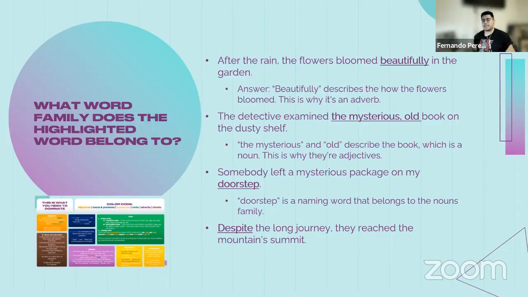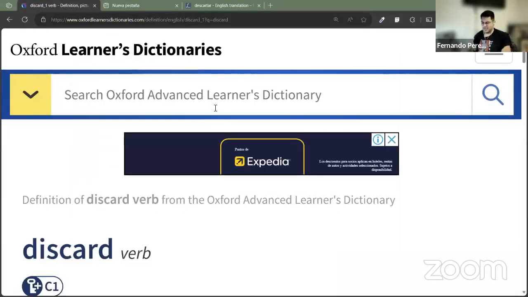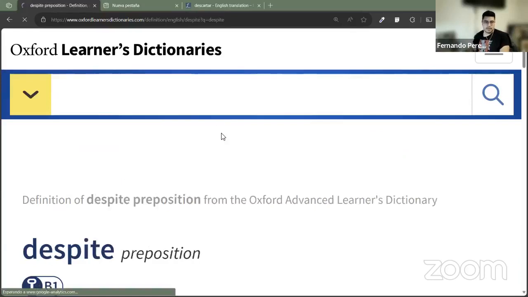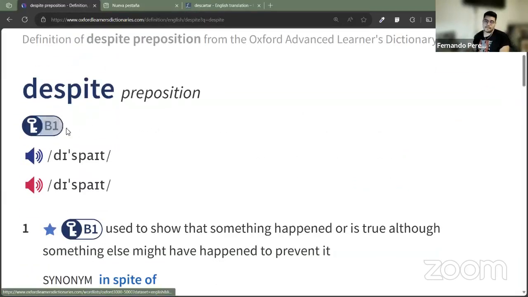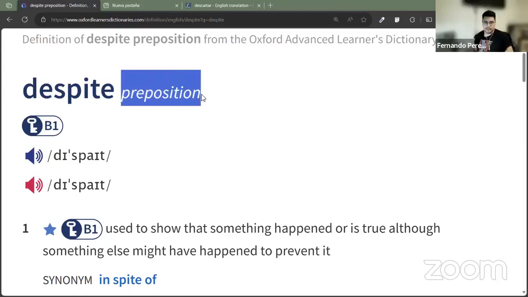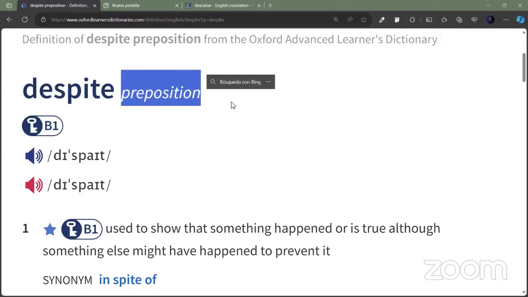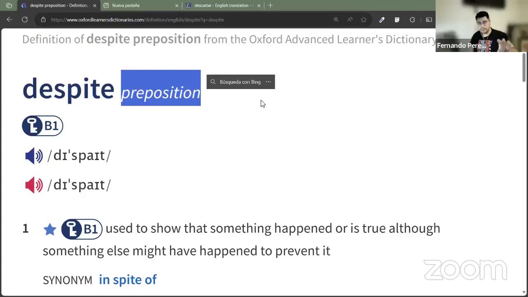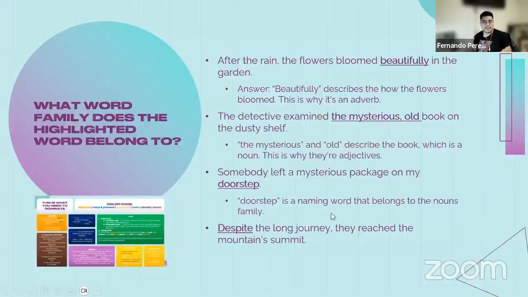It's a very complex preposition because actually it is in the dictionary. You're going to find it as B2, I think. Look at this. Yeah, it's a preposition. Another clue that you have is the word next to it.